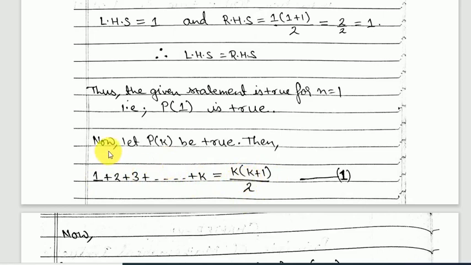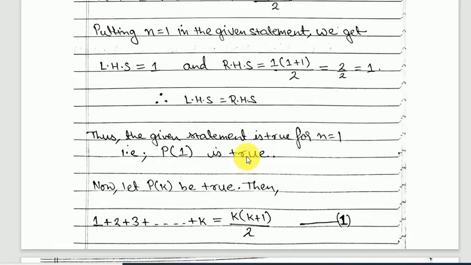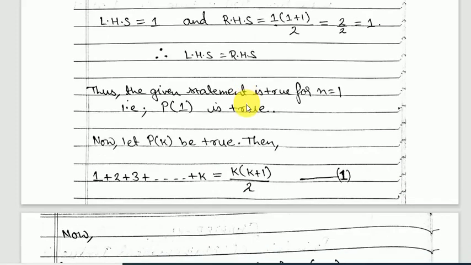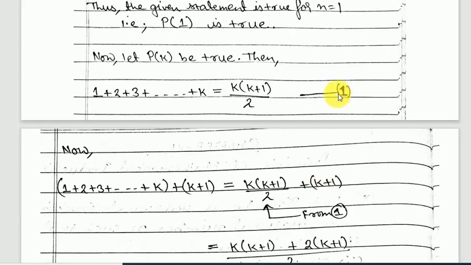Whenever you say Pk is true, you have to copy the same statement, whatever you had got in terms of n, the only thing is you have to replace that n by k. And you have to assume that Pk is true and label it as 1. So this is equation 1.